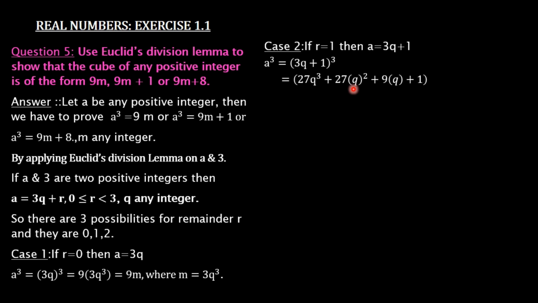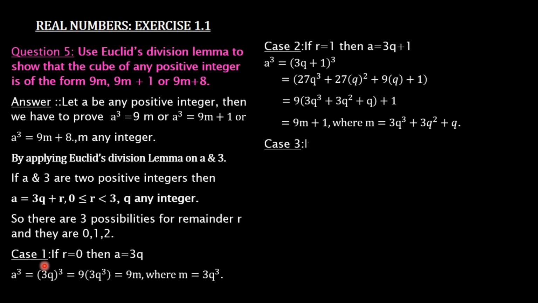By taking 9 outside from these three terms only, we will get 9 into (3q cube plus 3q square plus q), plus 1. Then by taking these values as m, we will get 9m plus 1, where m equals 3q cube plus 3q square plus q. Then moving on to the next case.